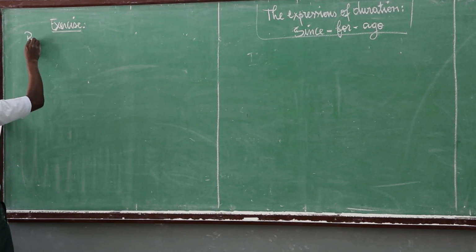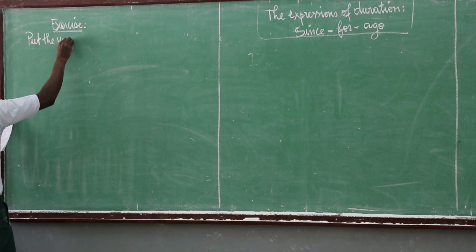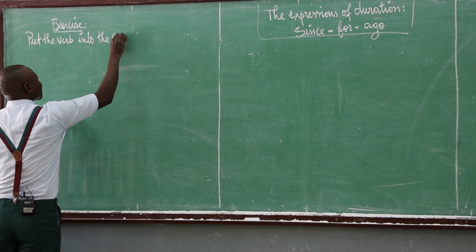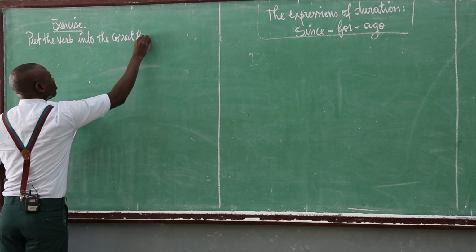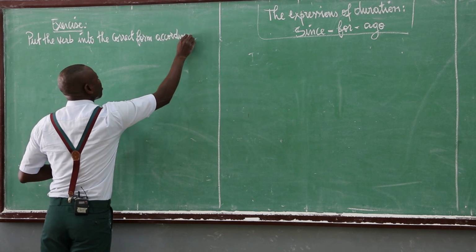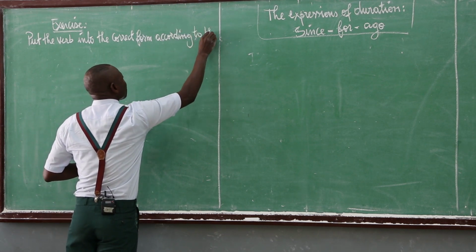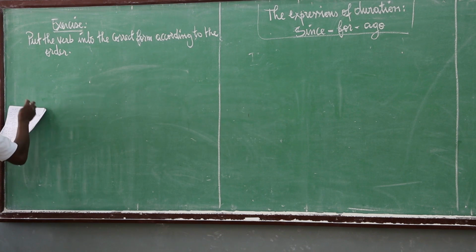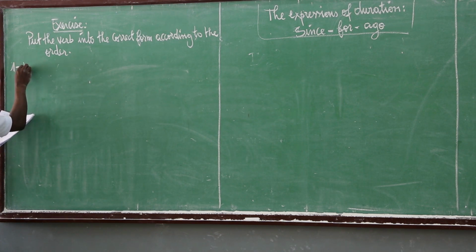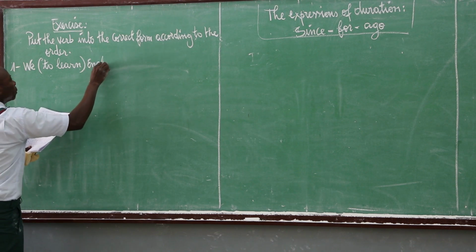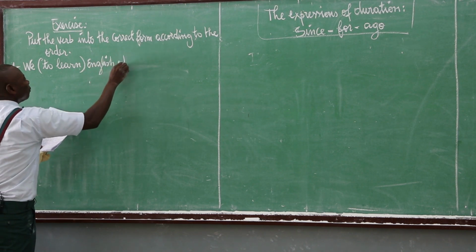It says, put the verb into the correct form according to the order. Number 1: We to learn English at school.